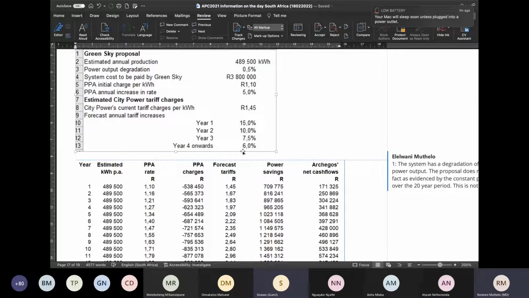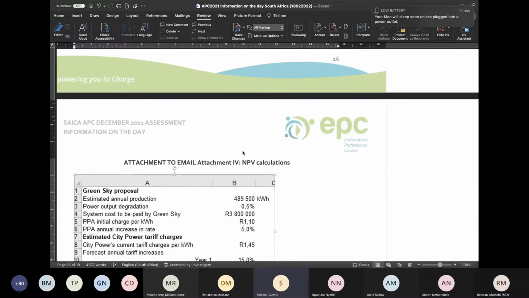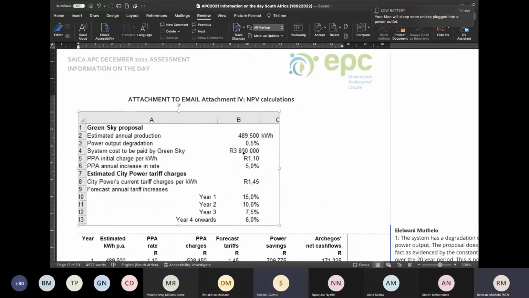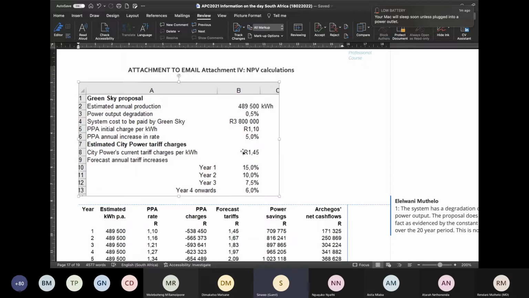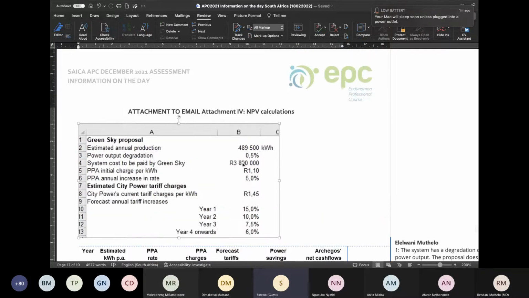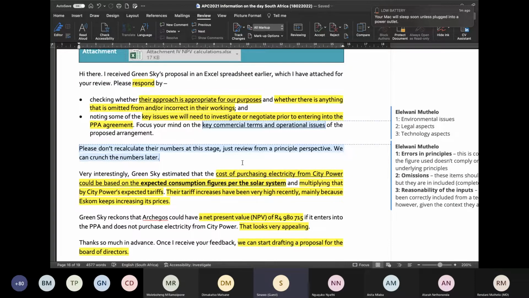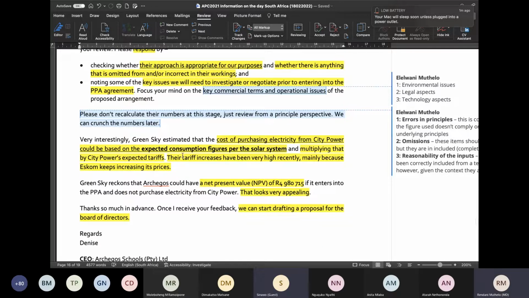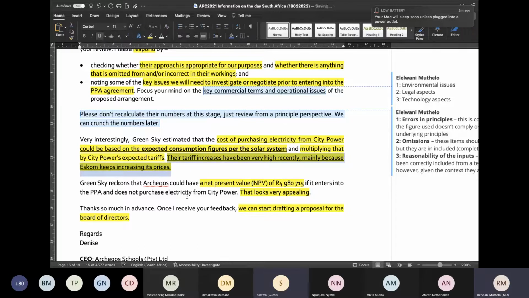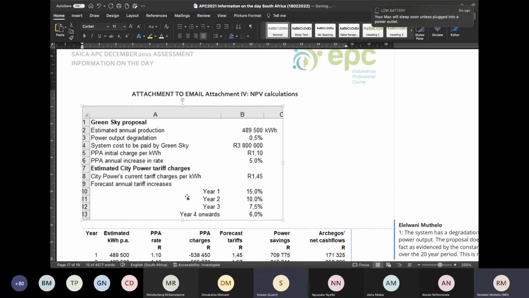Did you have any problem with that? Or were you conflicted like me? They say their tariff increases have been very high recently because Eskom keeps on increasing the prices. So when you saw this, did you consider this to be reasonable?